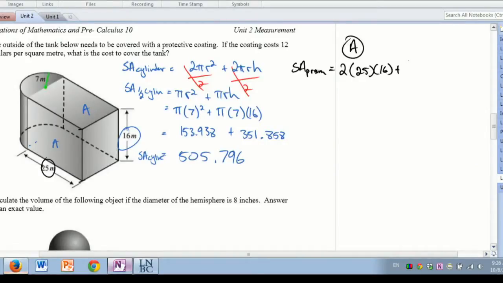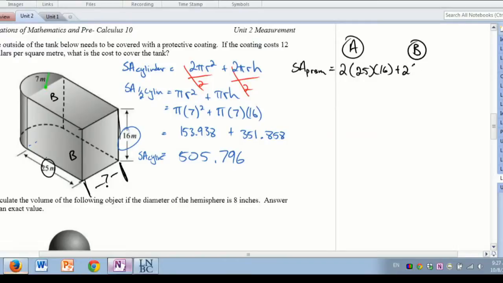To that I'm going to add, those are my A's. Let's go with the top and the bottom. I'll call this the bottom B, and then the top, kind of tricky where I'm putting my letters. So this is B now. I know that this is 16. What about this part here? What's this distance?